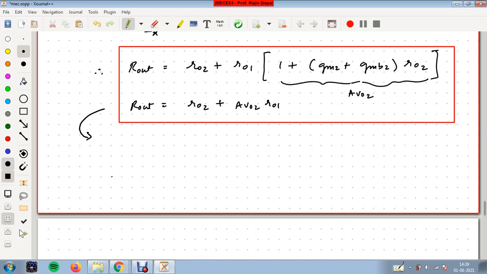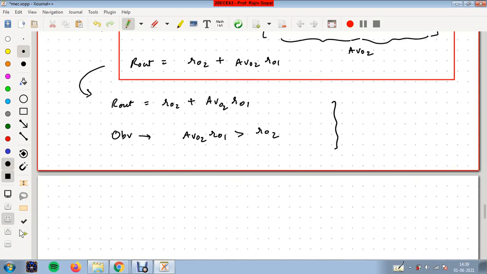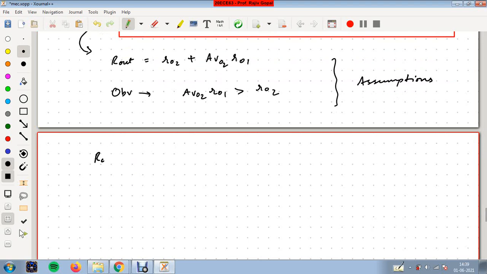So here you have R out equal to R02 plus AV02 into R01. Obviously AV02 R01 is greater than R02. Some assumptions we are making here, that's all. So R out will be equal to AV02 into R01.